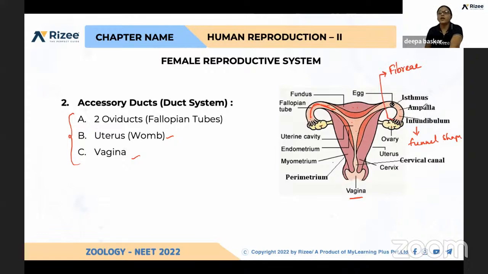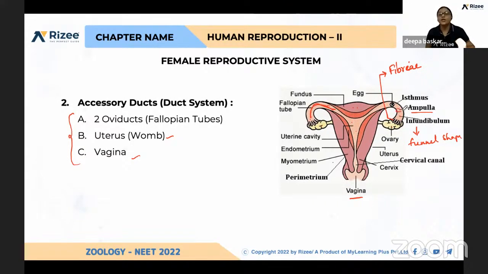Then the widest part of the fallopian tube is called ampulla. So this middle part is called ampulla. That is the wider part of the fallopian tube, where fertilization happens.